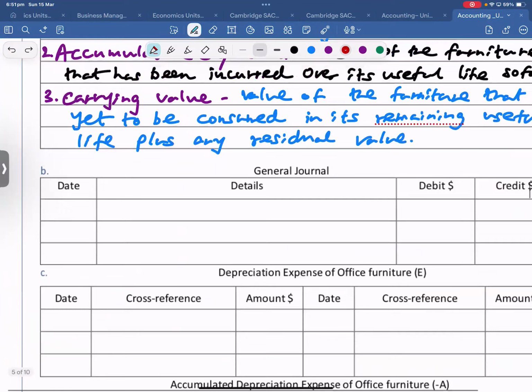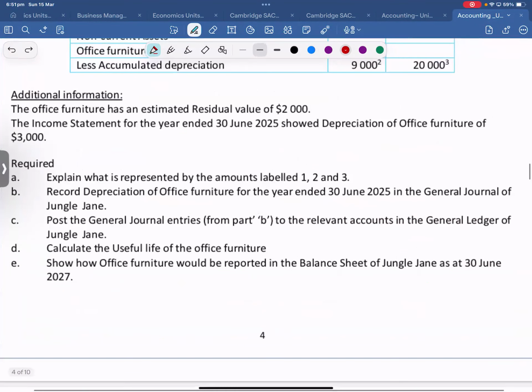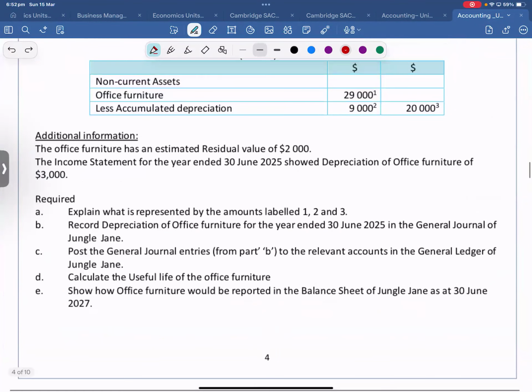Next one, part B. Record the depreciation of office furniture for the year ended 30th June 25. So how do we know how much it is? Calculate the rate. Okay. How do we calculate?